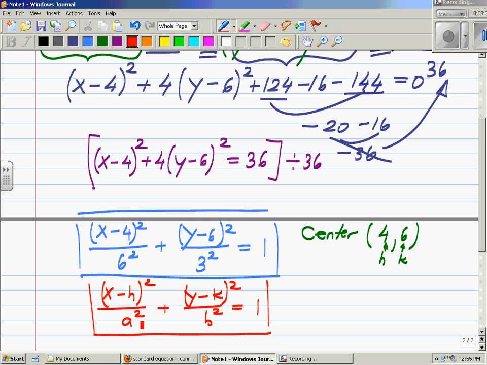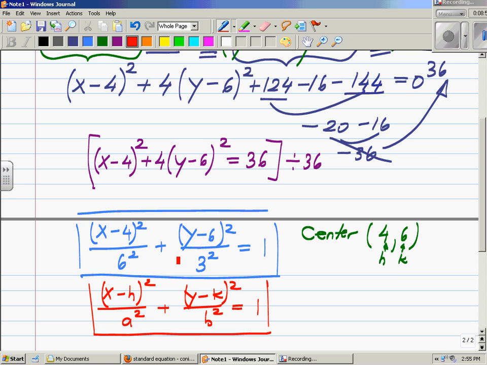Whichever of these two is bigger, that's your major axis. If it's under your x, it's going to be horizontal. If it's under your y, it's going to be a vertical major axis.